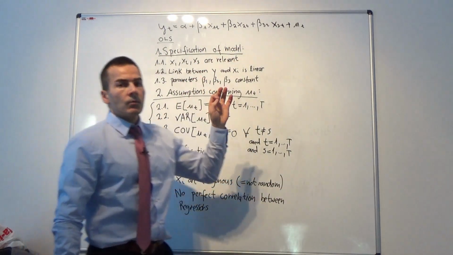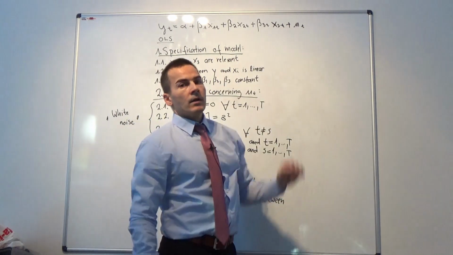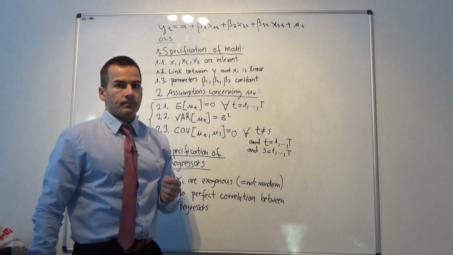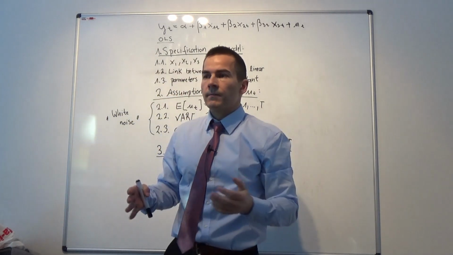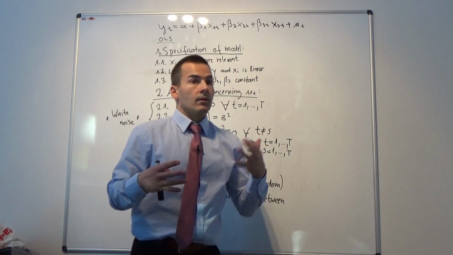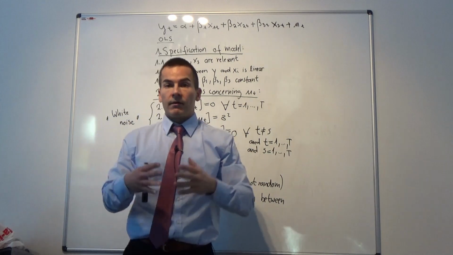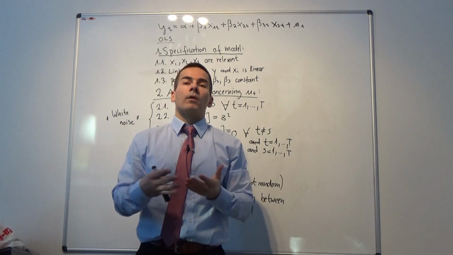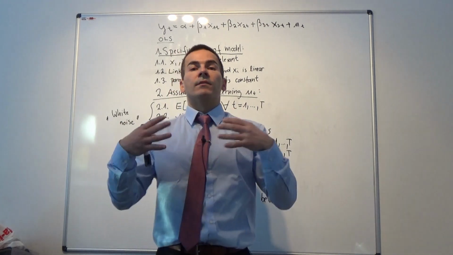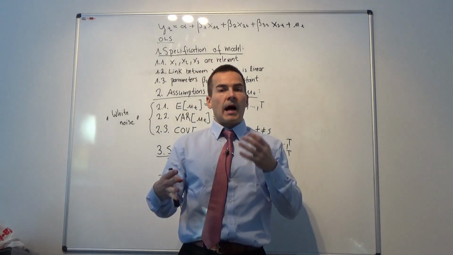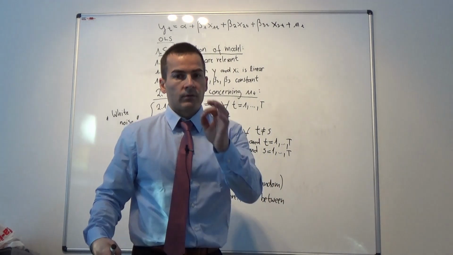And the random component here is our ut. We can have different settings and different models: panel regressions, time series regressions, or cross-sectional regressions. The idea and the assumptions for all of these models are the same, and that is what we would like to discuss here.